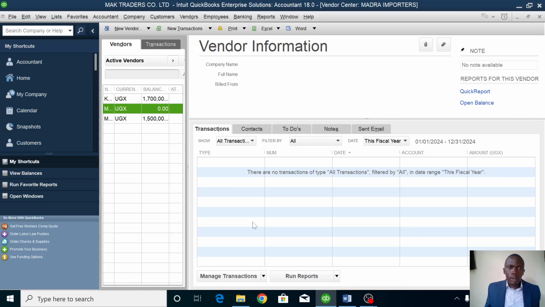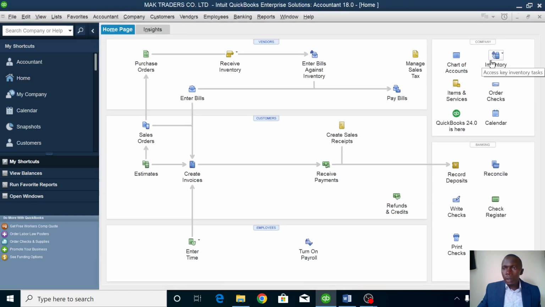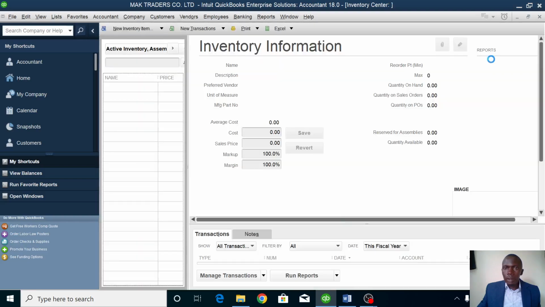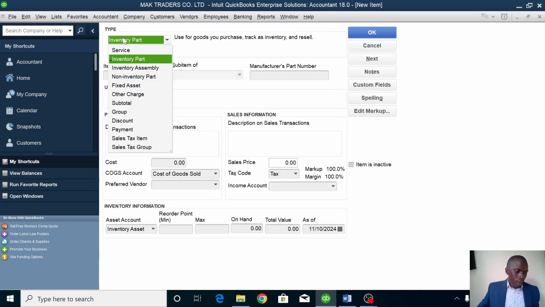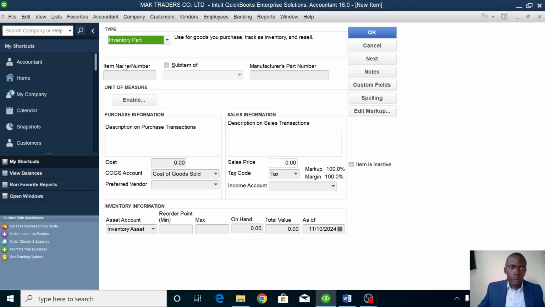We got our next transaction, which is about inventory. Go back home. We go to the new item. First item we have is motorcycles.